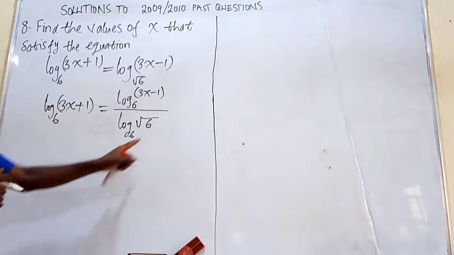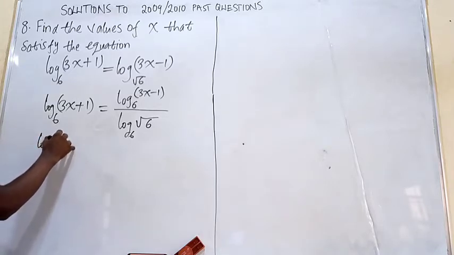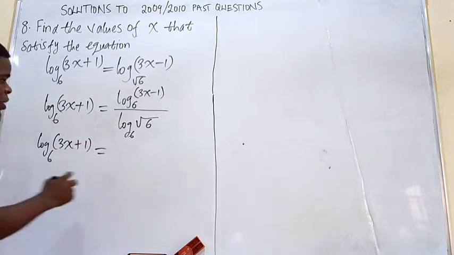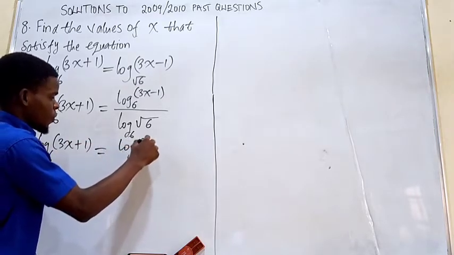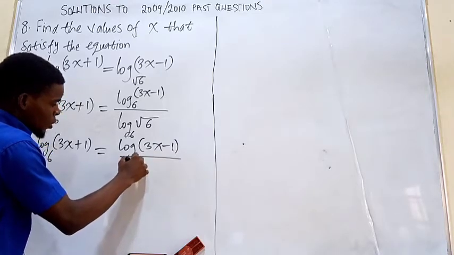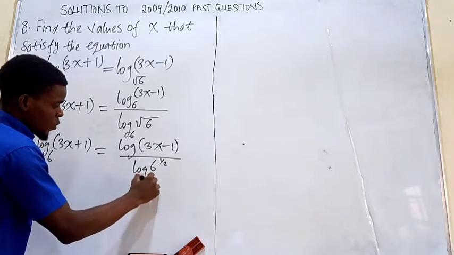So I'll write down the base 6 here, 3x plus 1, base 6. And on the right-hand side, I'm going to write the logarithm of 3x minus 1, divided by the logarithm of 6 to the power 1 over 2 to base 6.